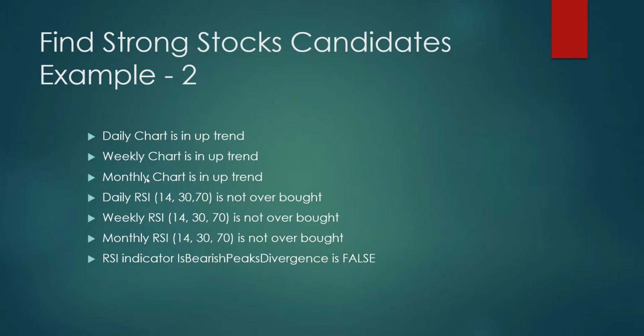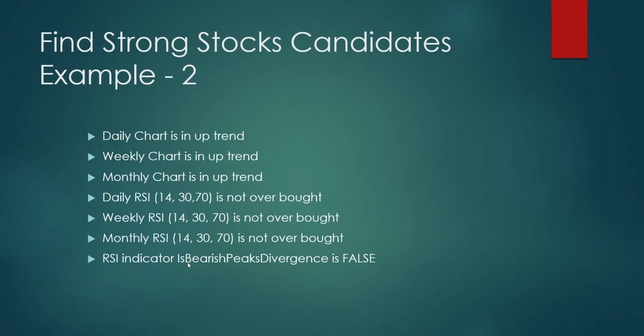With six conditions right here, we also add another extra condition, which is that our RSI indicator should not present a bearish peaks divergence with the price action. This is just a safeguard, to make sure the candidates do not show us any bearish peaks divergence.